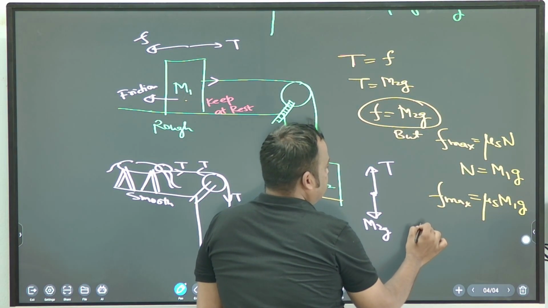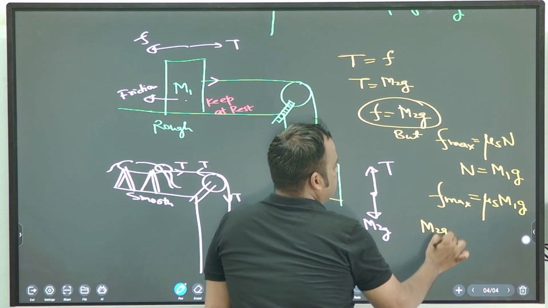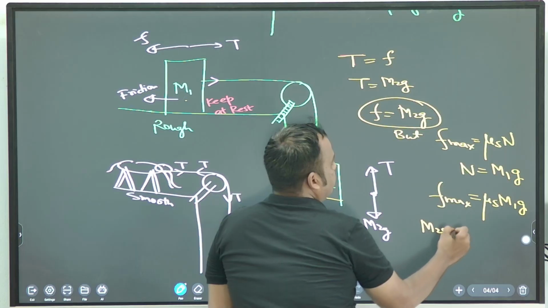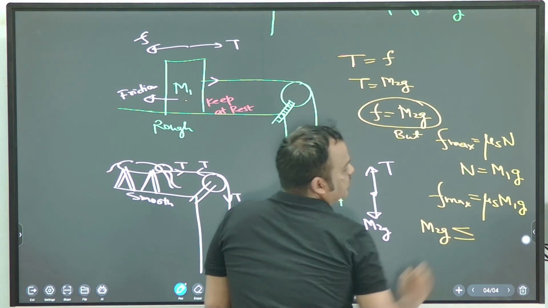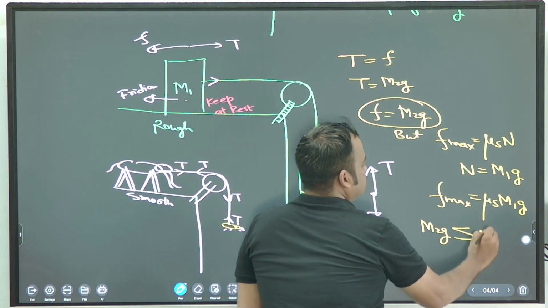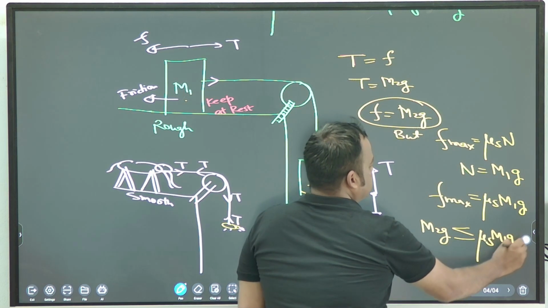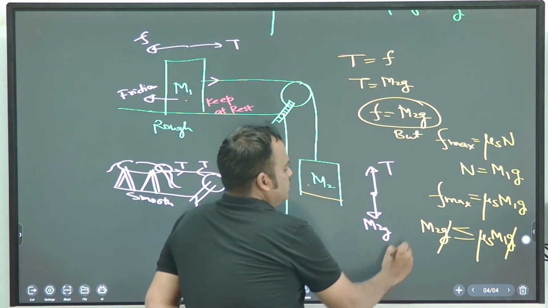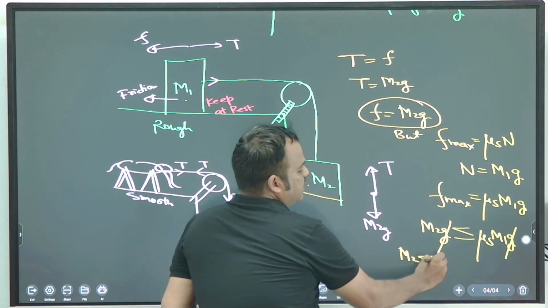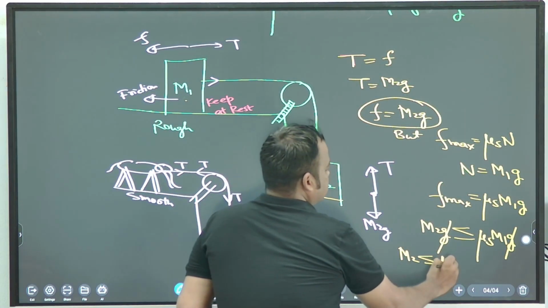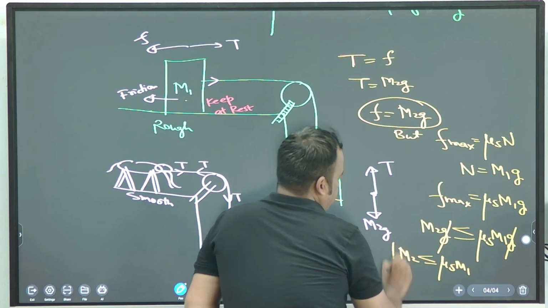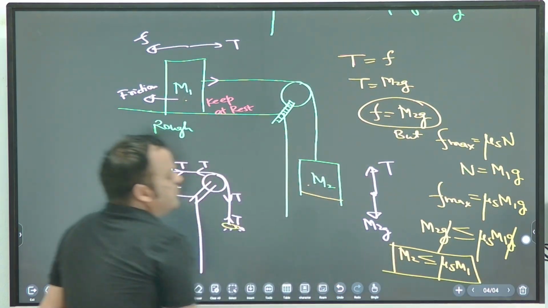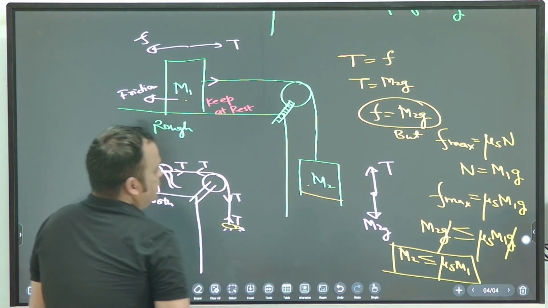So we can say M2G must be less than or equal to mu s M1G. The G's cancel, so M2 must be less than or equal to mu s M1. Note down.